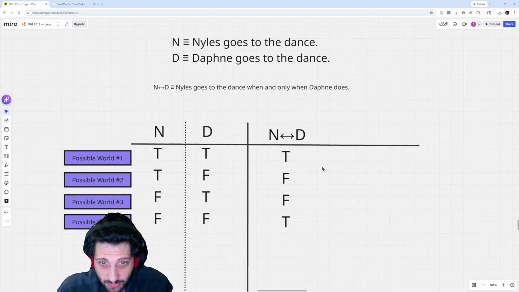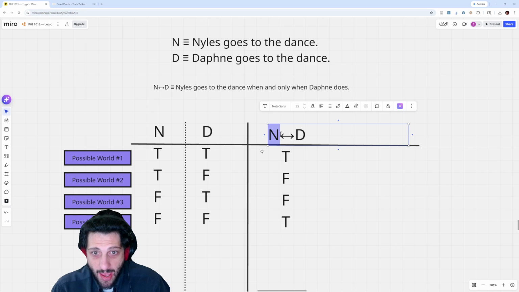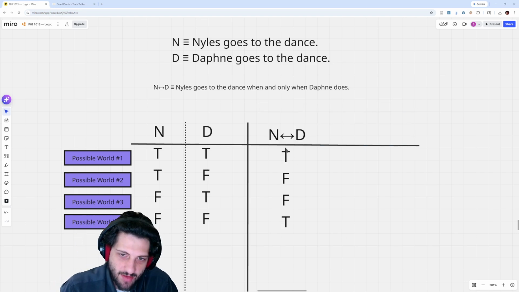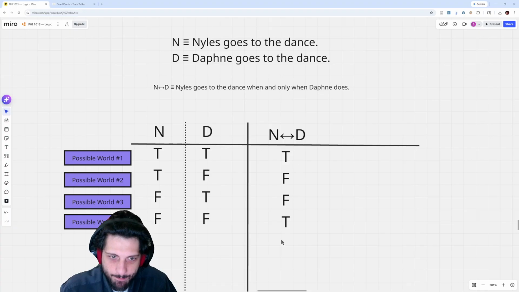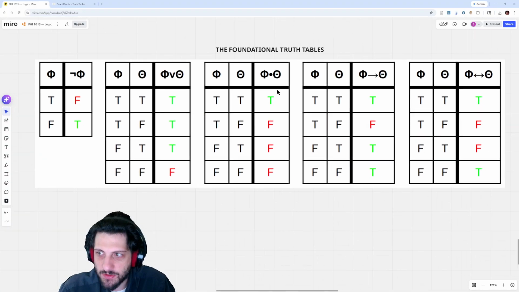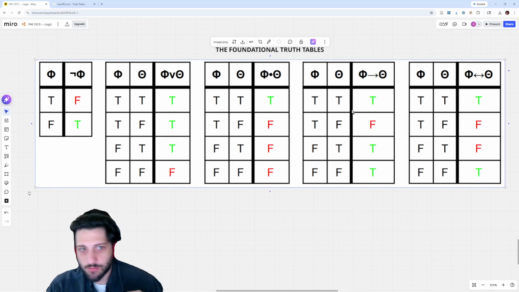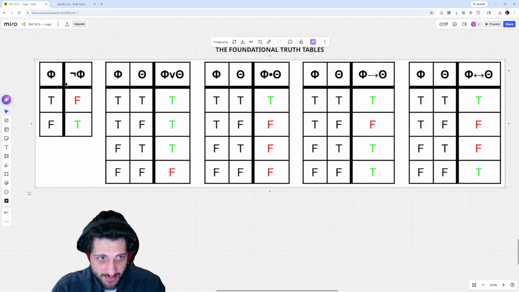But the biconditional adds that too. The biconditional is saying N implies D and D implies N. That's why we have this symmetric pattern here. And that's what gives us our final canonical, or foundational, truth tables. So now we have our negation, which just flips the values.